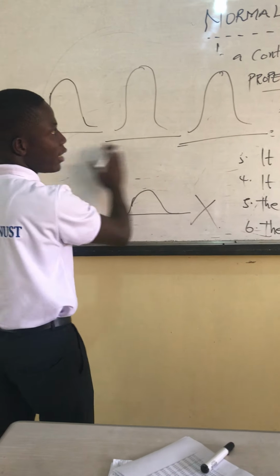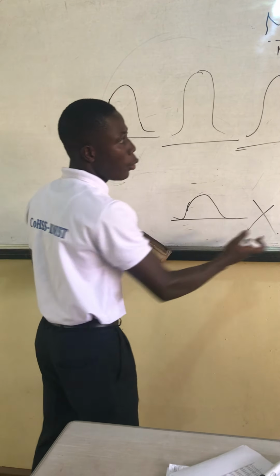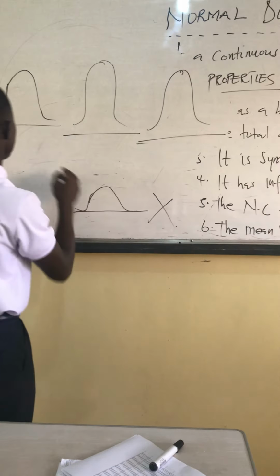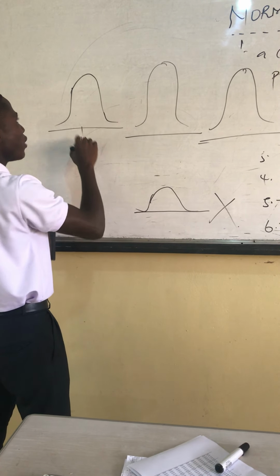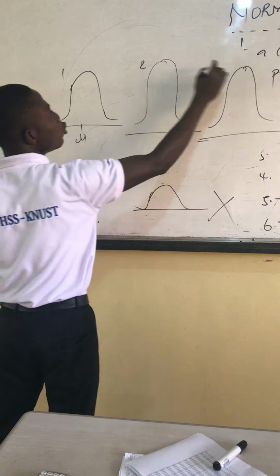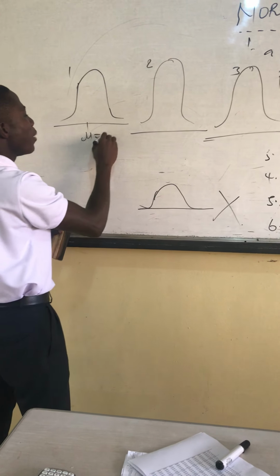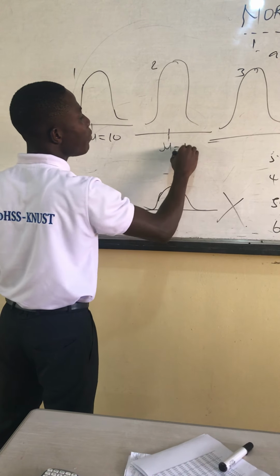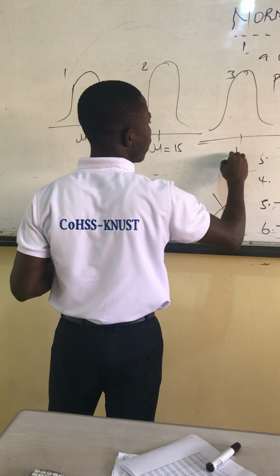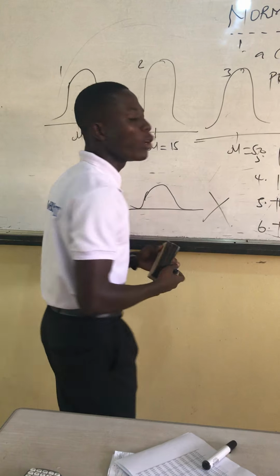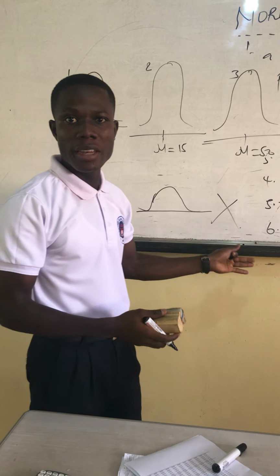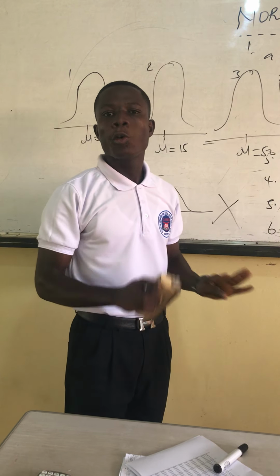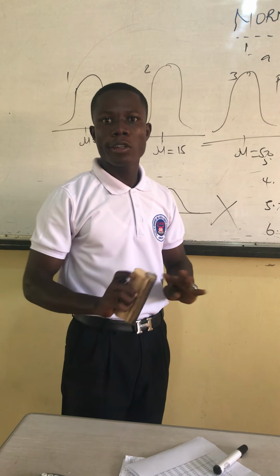So I have here 3 distributions, and we are saying that with normal distribution the mean varies. So here, assuming with the first distribution, if the mean is 10, here the mean can be 15, and here it can be 50. So here it means that with normal distribution the mean varies. So that is all under normal distribution.